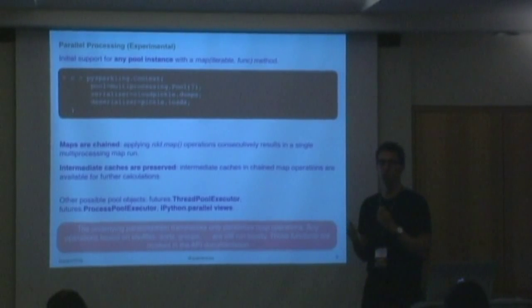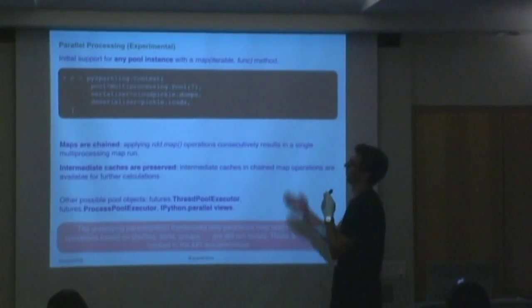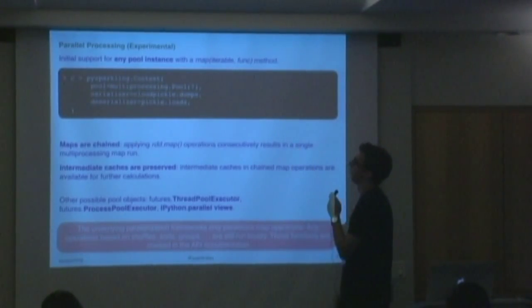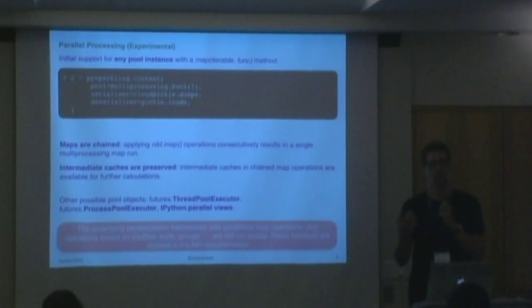To run it on your local machine, if you have a machine with a couple of cores, you can use the multiprocessing module from Python. And you just say you have a pool object. And the pysparkling context is written such that it can take any pool object that has a map function. So you can say you have 7 cores in your computer, or you want to use 7 of your cores for this.